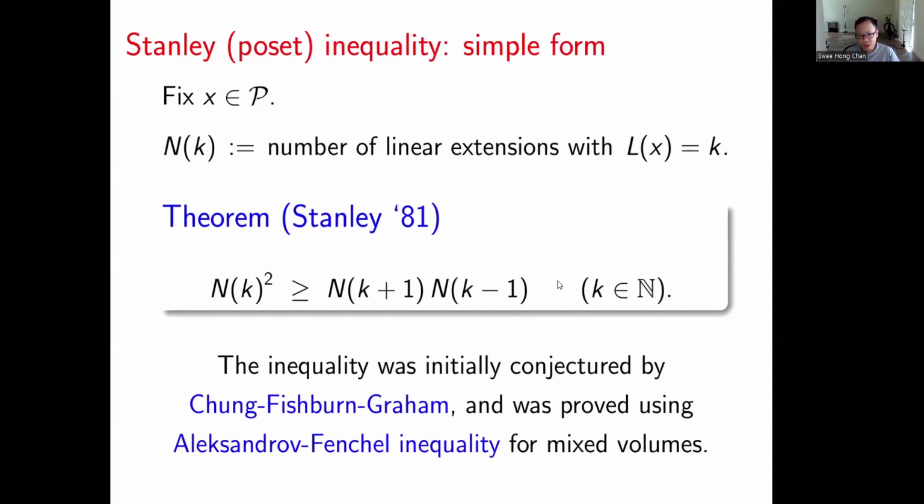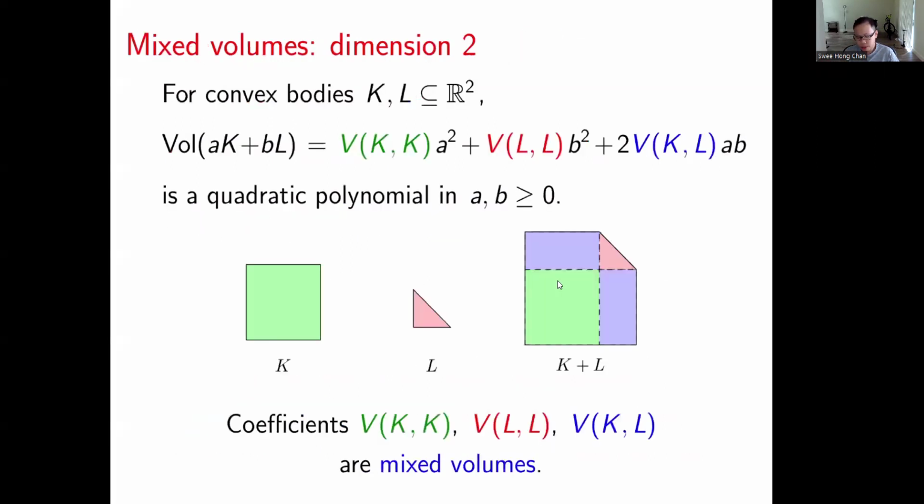Okay. Now let's discuss this inequality and this mixed volume theory a little bit. And let us, for now, only focus on dimension 2, just for simplicity. And suppose that we are given any two arbitrary polygons K and L. Let us take the Minkowski sum, which is the sum of every two points in the first polytope and the second polytope. That will give us this new polytope over here. Now let us take the volume of this new polytope after scaling by a and b.